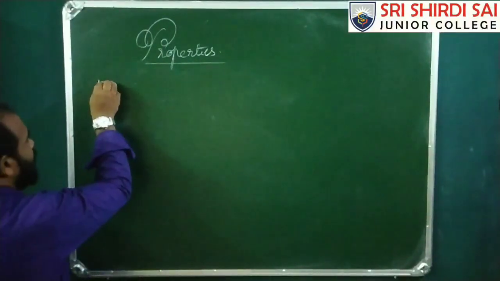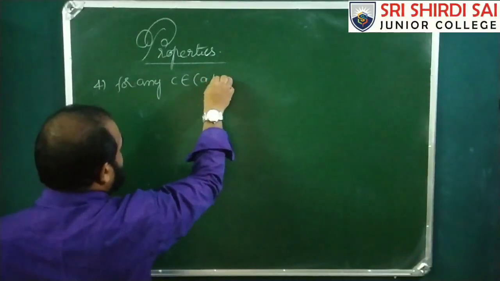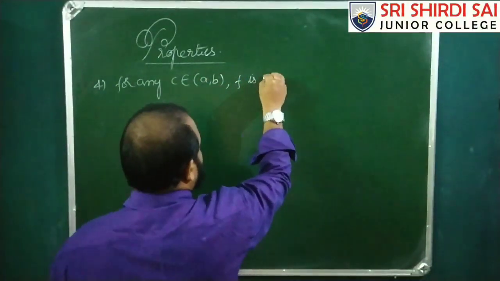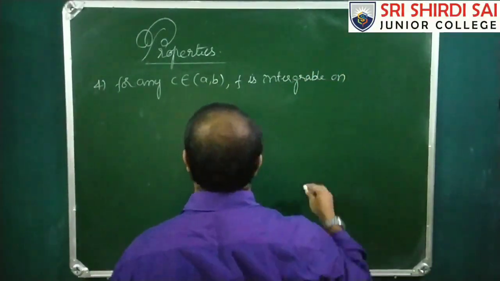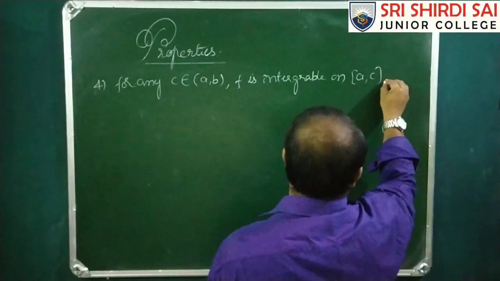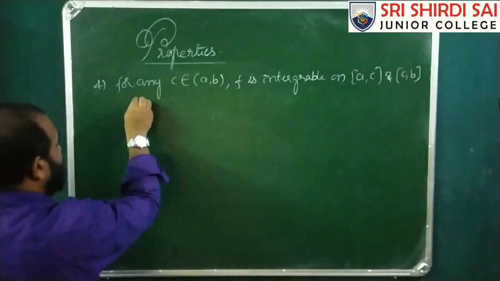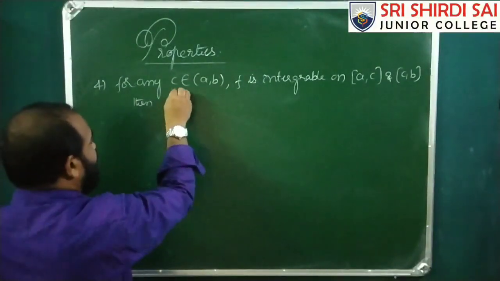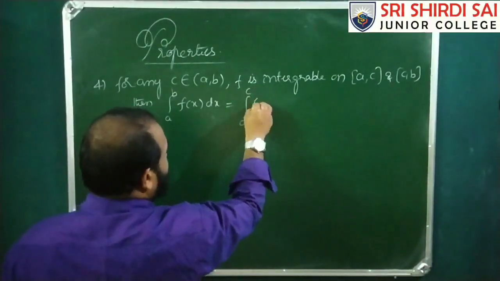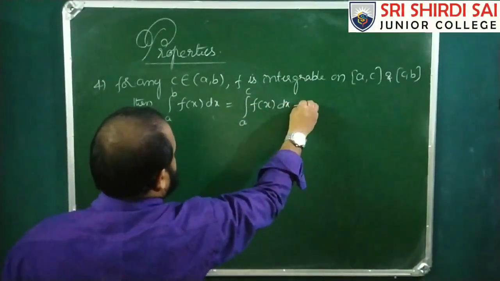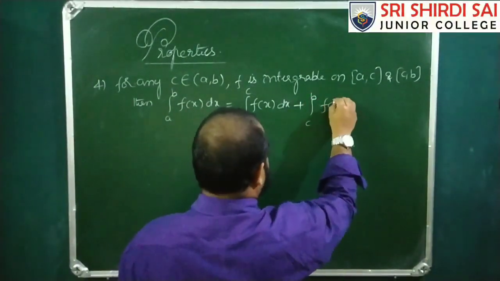Property: for any c belonging to (a, b), if f is integrable on [a, c] and [c, b], then integral a to b f of x dx is equal to integral a to c f of x dx plus integral c to b f of x dx.